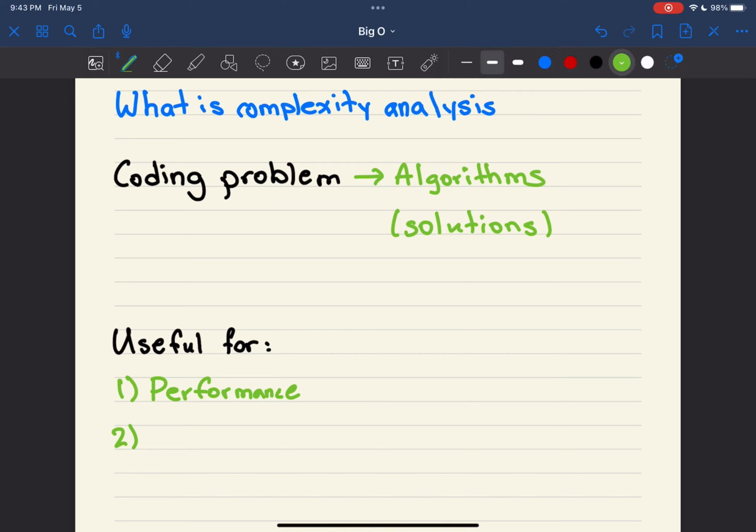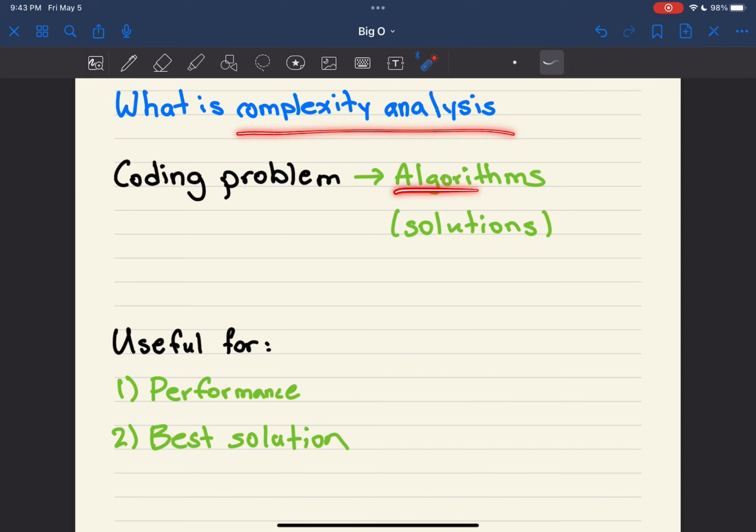This helps us find the best possible solution. So, we analyze the complexity of an algorithm to evaluate its performance. That way, we're able to find the best solution, which has the most efficient performance to solve that coding problem.